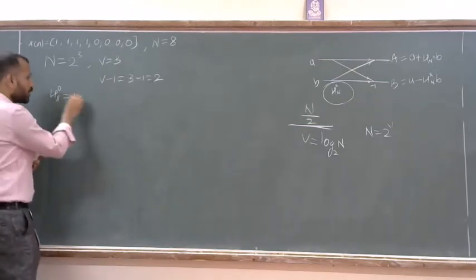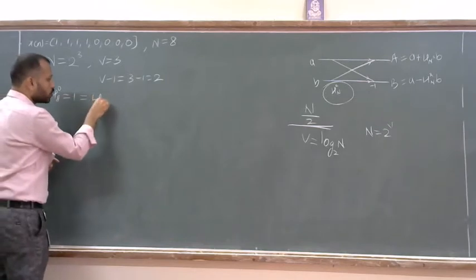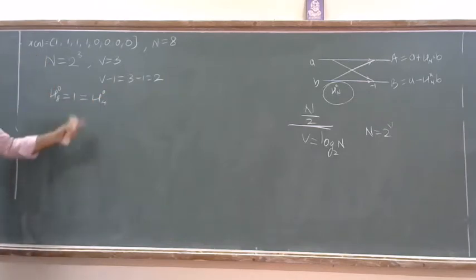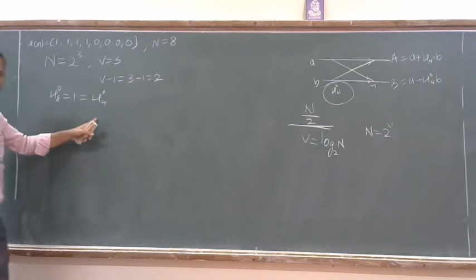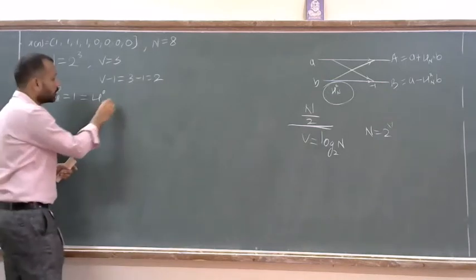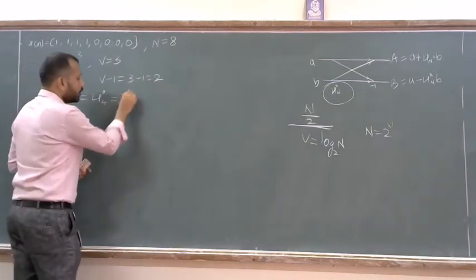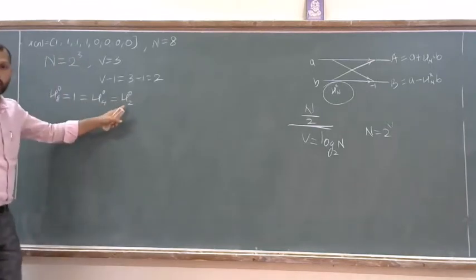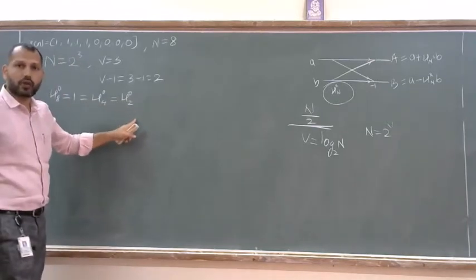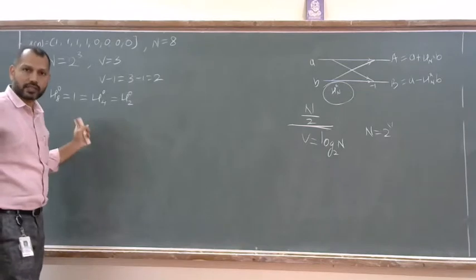Now this W80 is equal to W40, whose value is also 1 for 4-point DFT in the second stage of decimation. And this is equal to W20. Now W20 will be used for 2-point DFT calculation in the first stage.